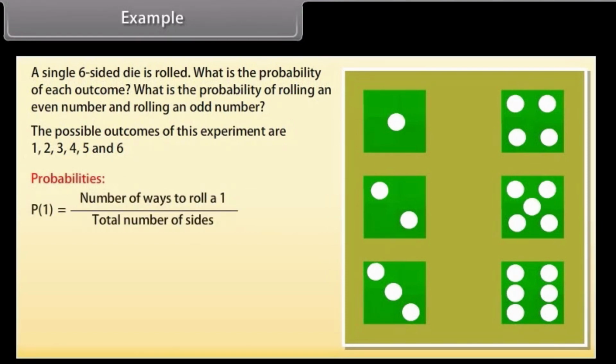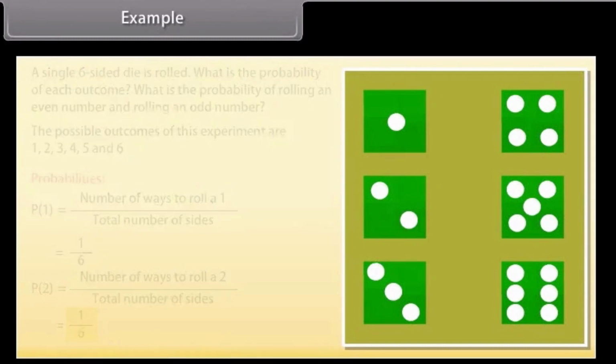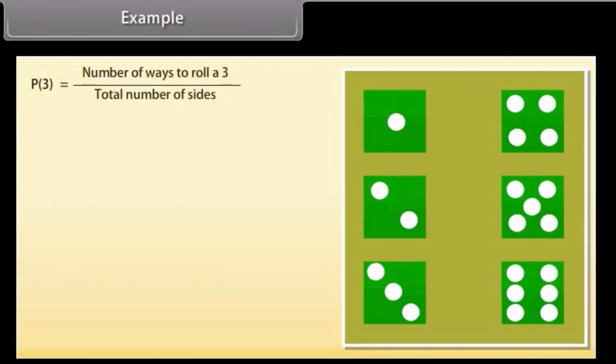Probability of 1 is number of ways to roll a 1 by total number of sides is equal to 1 by 6. Probability of 2 is number of ways to roll a 2 by total number of sides is equal to 1 by 6. Similarly, the probability of 3 is equal to 1 by 6. In the same way, we will find the probabilities of 4, 5 and 6.